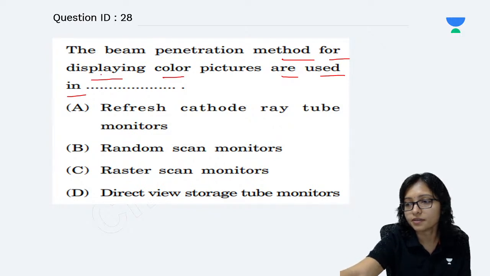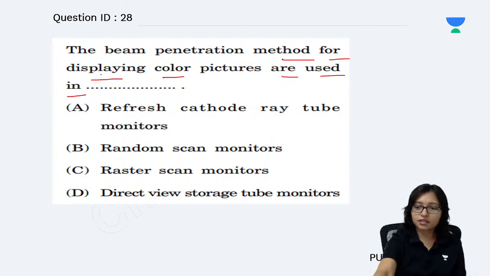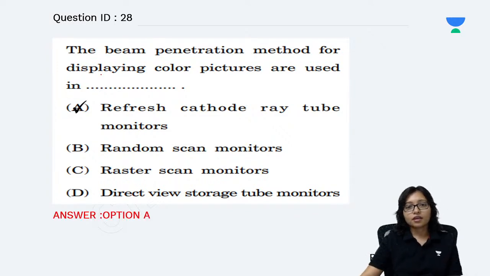What will be the answer? Yes, the answer is cathode ray tube monitor.